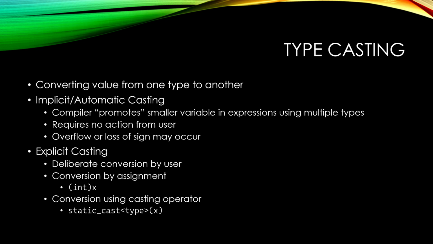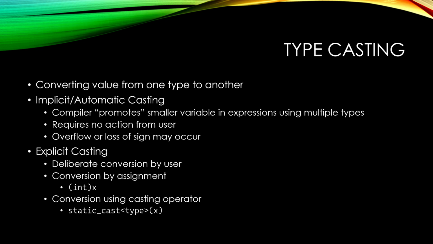Then you have more explicit casting, which is done via code. So you can either convert by assignment, where you'll say y equals int x, and either int or x must be wrapped in parentheses.